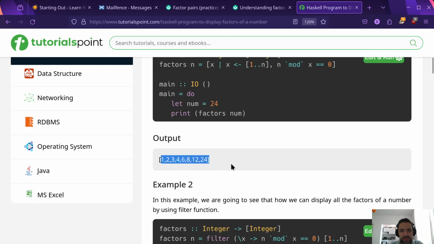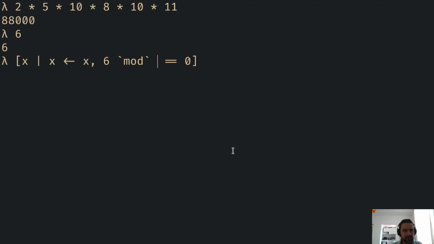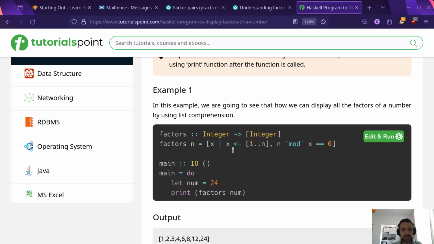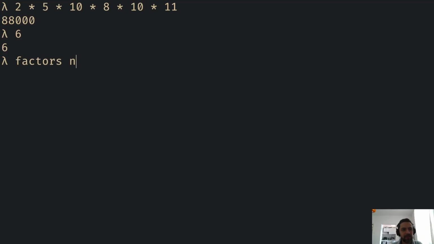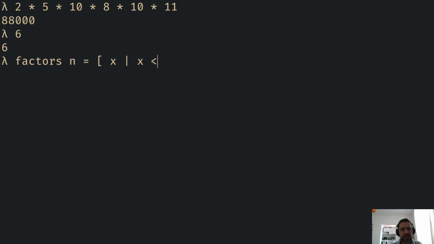Oh, it outputs the factors. Let's try it again. I want to understand. This is a good beginning. So we have factors n. What is it? It's an x. All right. And what goes inside of the x?